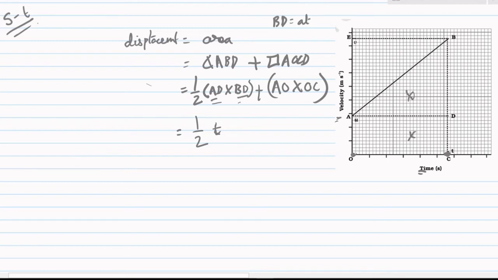So I'm just going to substitute BD equals AT, plus AO, that is nothing but U, and OC is nothing but T again. So you get UT plus half AT square. And this is nothing but the displacement.